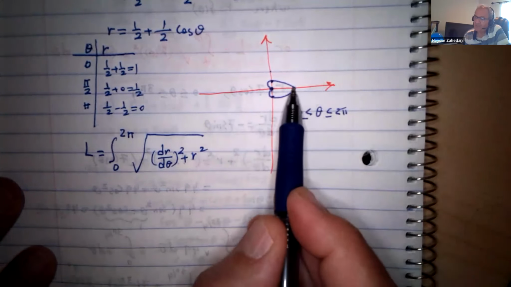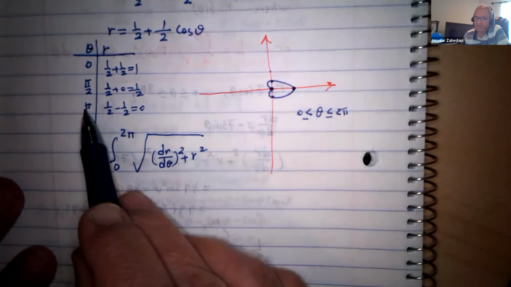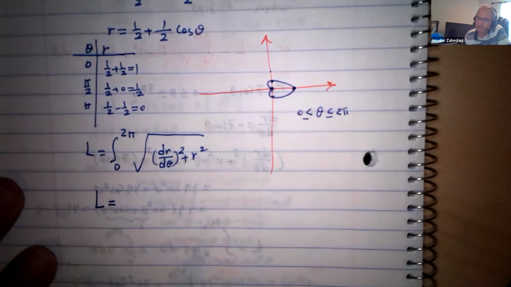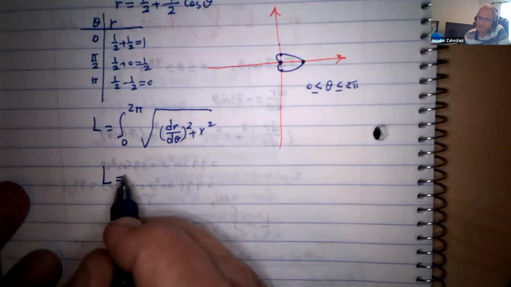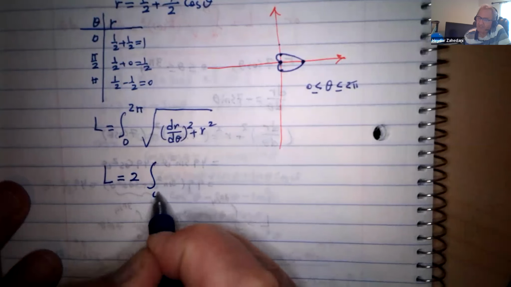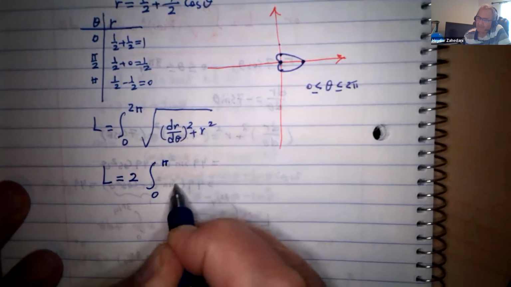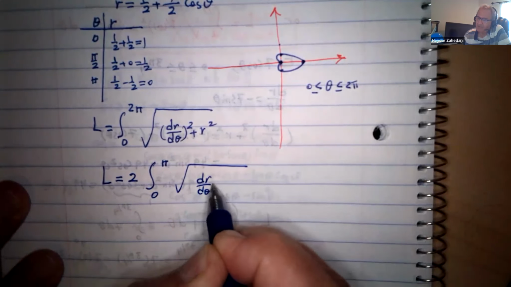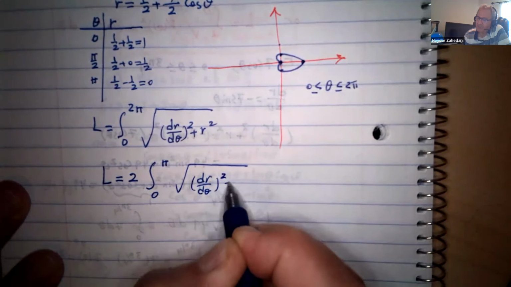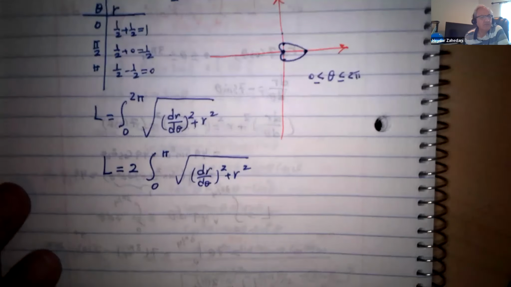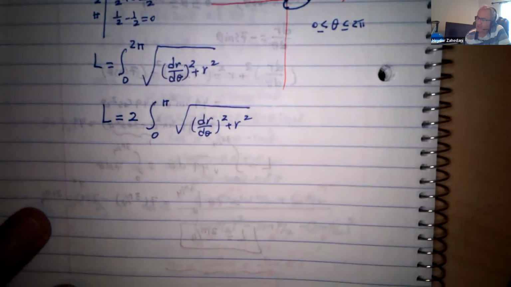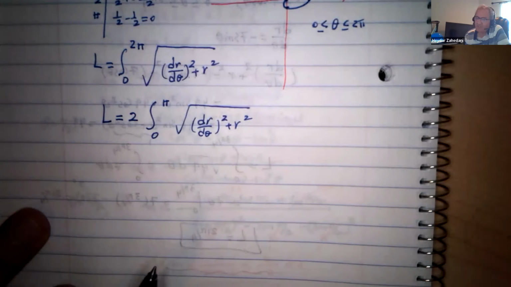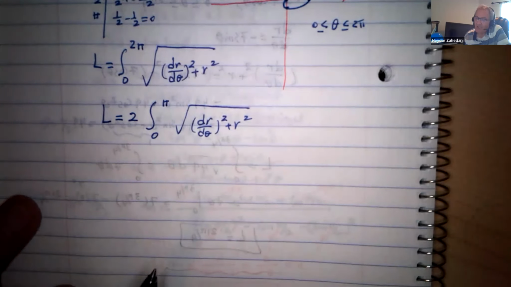You can find the top from 0 to pi and then multiply by 2. So you have a choice. You can do it directly as well. So it's going to be 2 times the integral from 0 to pi of the square root of (dr/d theta) squared plus r squared. That's a choice, but you better simplify it first, as I did for the other one, and eventually integrate it.